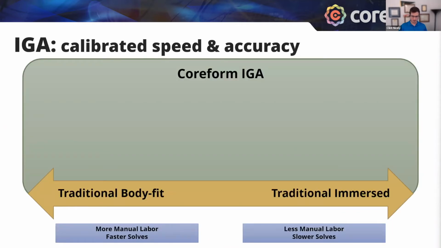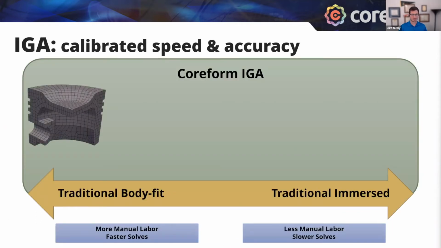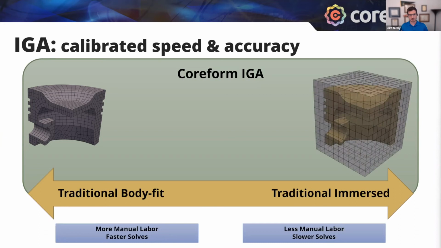So this is a little of what this looks like. Body fit, on the left here, is where the nodes of the mesh directly line up with the surface of the CAD geometry. A traditional immersed approach takes that mesh and just surrounds the CAD geometry.